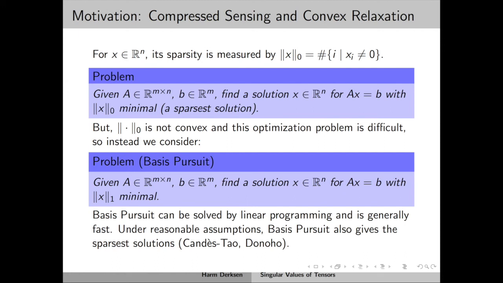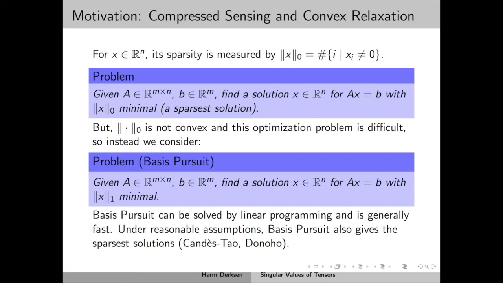The L1 norm is just the sum of the absolute values of the coordinates. That is a convex function, and it's actually a norm. And it turns out that in many situations, you might still find the sparsest solution, even though you replaced this measure, the L0 norm, by the L1 norm.